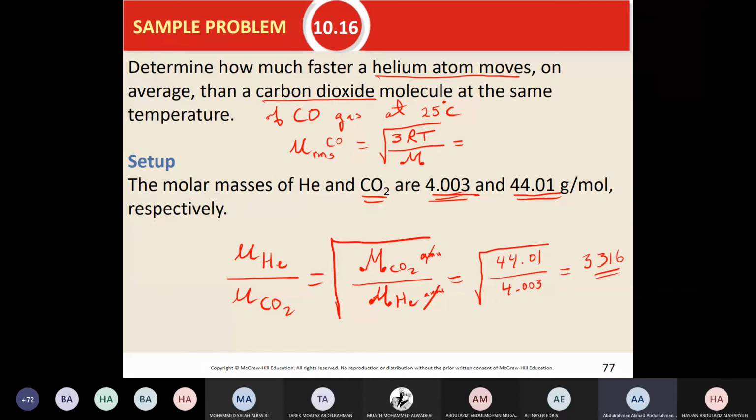So square root of 3 times 8.314 times what? 298.15 divided by, what should I have? Molar mass in kilogram. Go to your periodic table and give me whatever you want to tell me. 16 plus 12.01 divided by 1000.